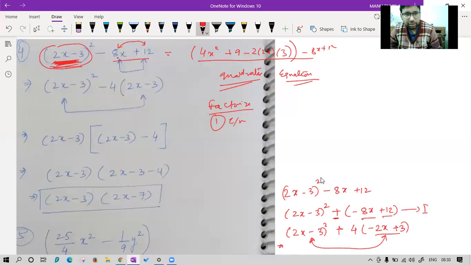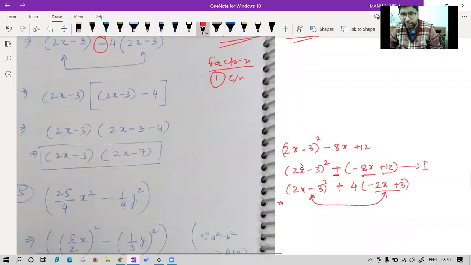It becomes like this. Negative will come outside, and we all know as soon as the negative comes out, all the signs inside will change. So it becomes 2x minus 3 square minus 4, 2x minus 3.